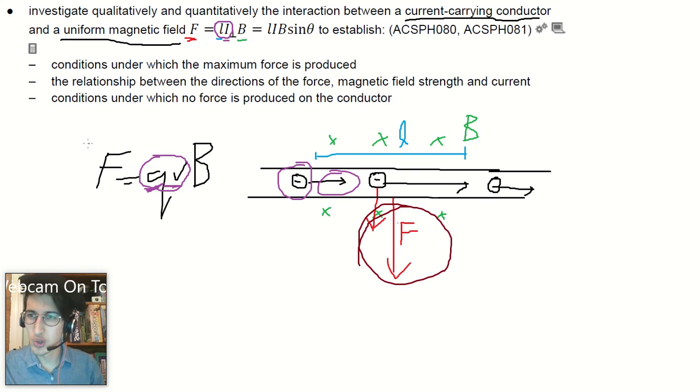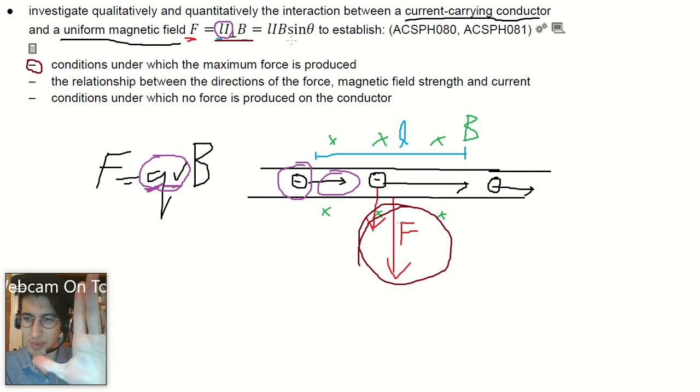Okay, so we need to identify the conditions under which maximum force is produced. If you increase these three things, I, L, and B, you're increasing the force. But when they say maximum force, they're talking about the angles. So you'll see F equals BIL as long as I is perpendicular to B. Again, there's that right-hand push rule.